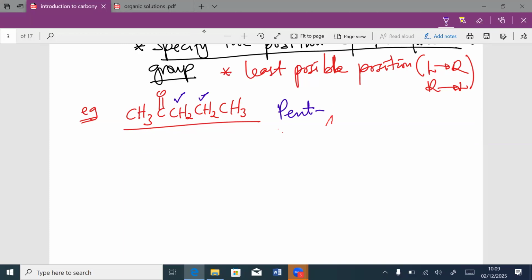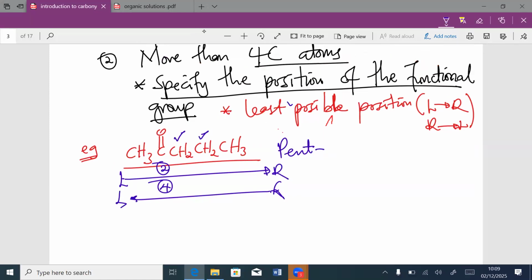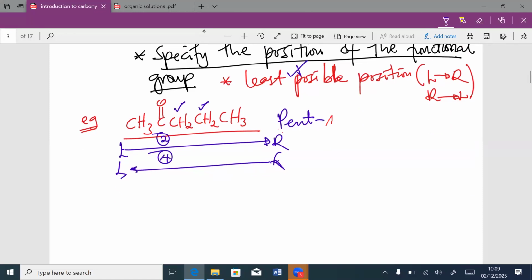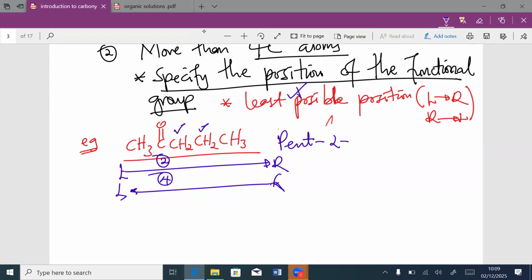If I'm counting from the left to the right, the functional group has position number 2. If I'm counting from the right to the left, the functional group is going to have position number 1, 2, 3, position number 4. And we said we give it the least possible position. So we are going to have pent 2 on, since it is a ketone. Like that, we have specified the position of the functional group.